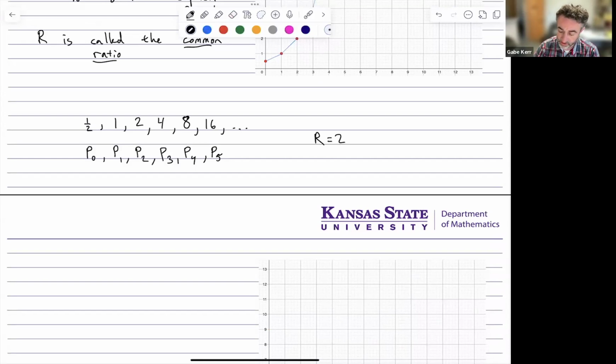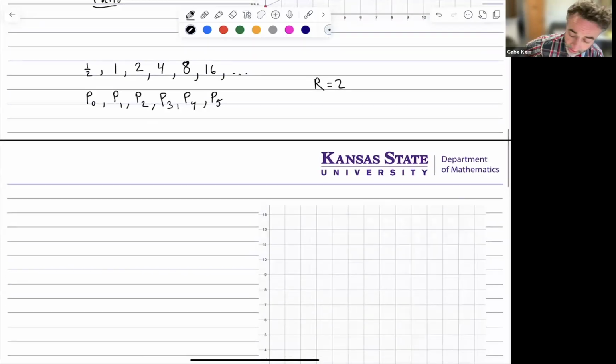What happens if we have something like R equaling, let's say, 1/2. So let's try r equaling 1/2, and we'll start with some value that fits on our graph. So we'll say 12. If we start with our population equaling 12, and then we half it, we're going to get to 6.